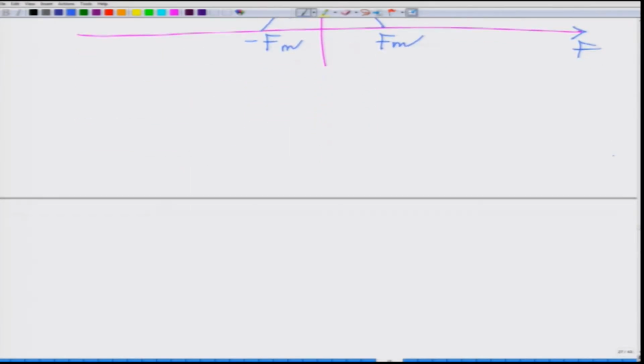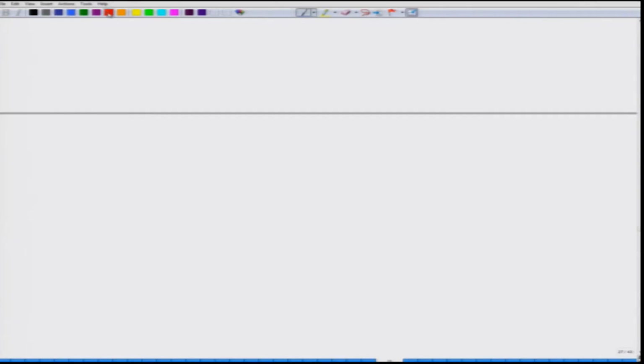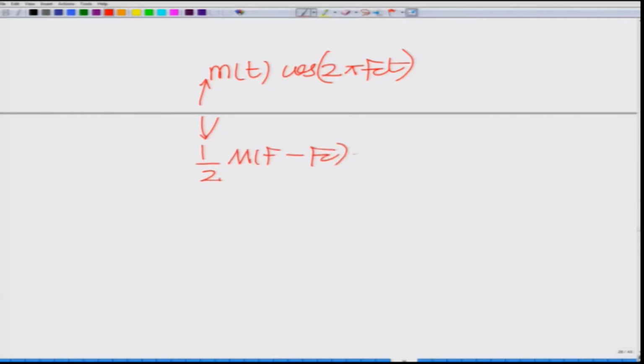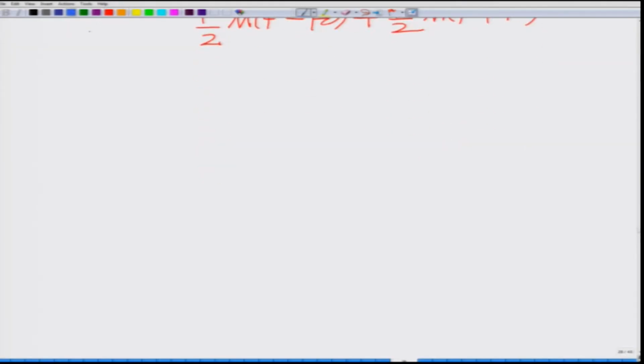Now, let us consider a modulated version of m(t), that is m(t) cosine 2 pi fc t, which as we are well familiar has the spectrum half M(f minus fc) plus half M(f plus fc), that is M(f) shifted to fc and M(f) shifted to minus fc. If you look at that spectrum, it is going to look something like this.